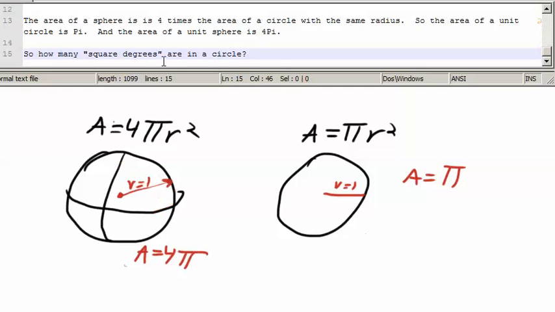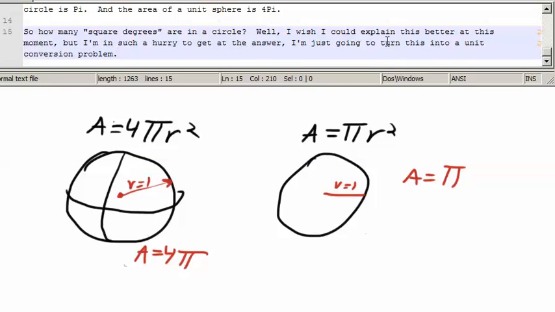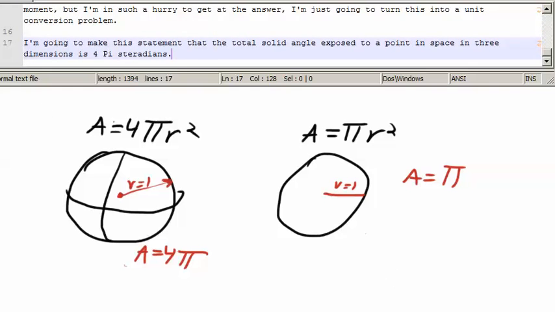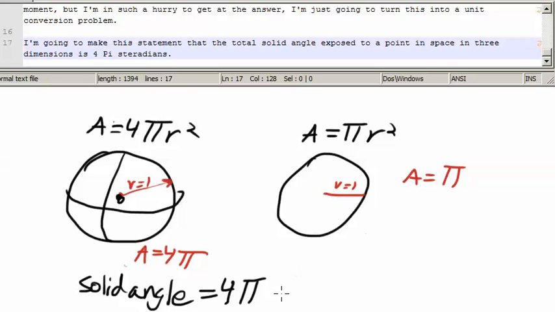So, how many square degrees are in a circle? Well, I wish I could explain this better at this moment, but I'm in such a hurry to get to the answer, I'm just going to turn this into a unit conversion problem. I'm going to make this statement that the total solid angle exposed to a point in space, like this one, is 4 pi square radians, which is also called a steradian.